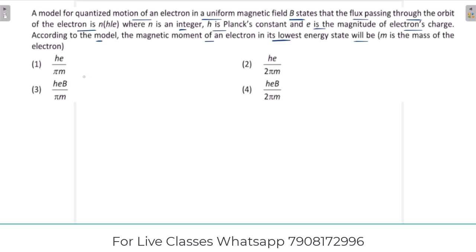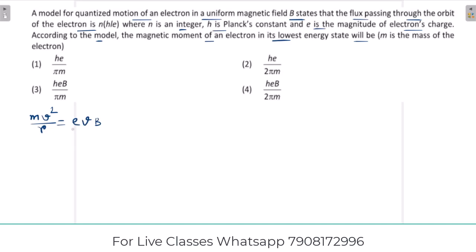Now when an electron moves in a uniform magnetic field in a circular motion, the field is applied in a direction perpendicular to the velocity. The centripetal force mv square by r of the circular motion is equal to the magnetic force, that is evB, or evB sin 90 degrees.